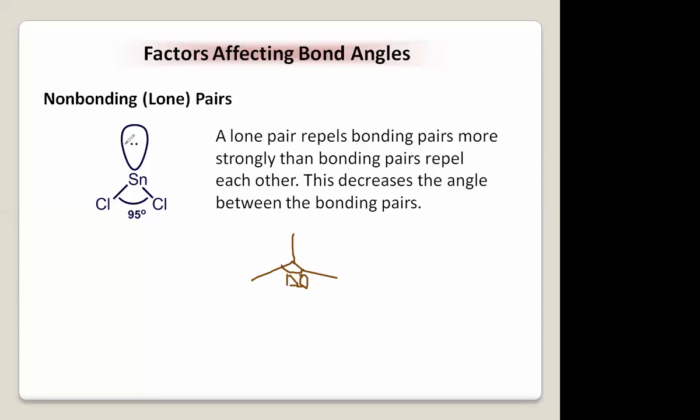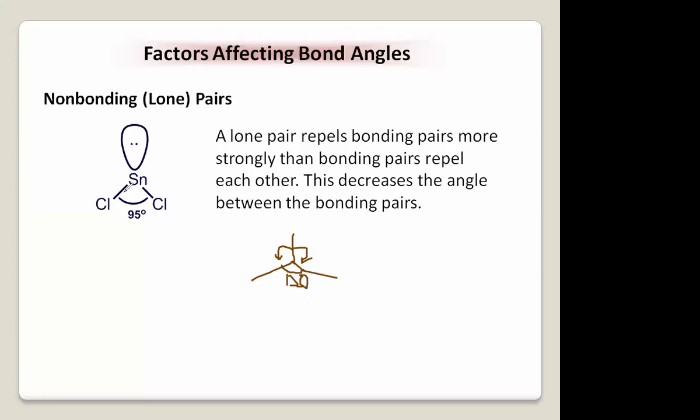Because of this electron pair, you have a repulsion of this bond and a repulsion of this bond. Now, these two repulsions would reduce this angle to 95 as against 120 that's supposed to be the bond angle between them.